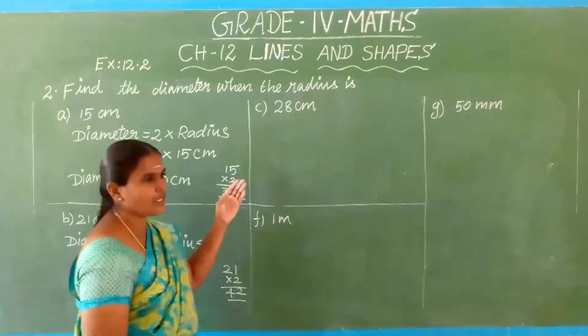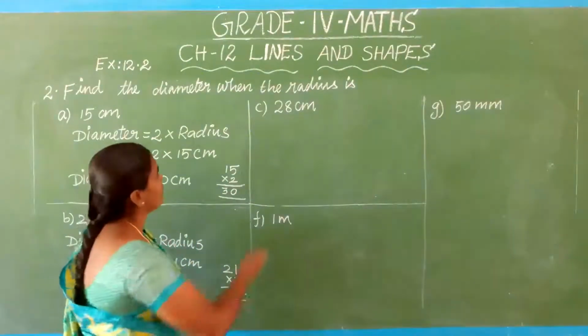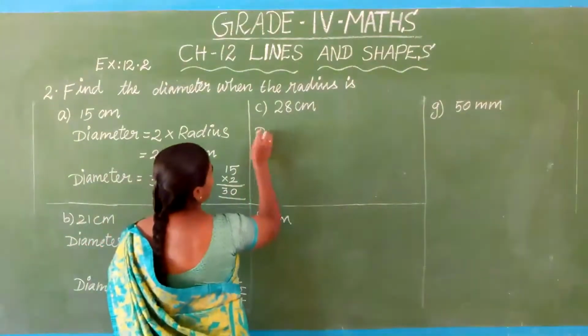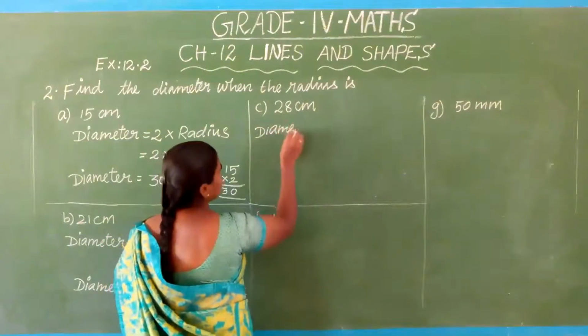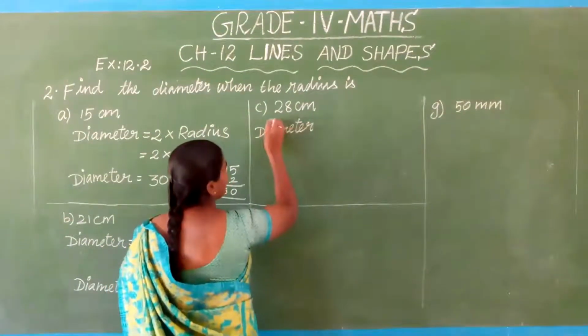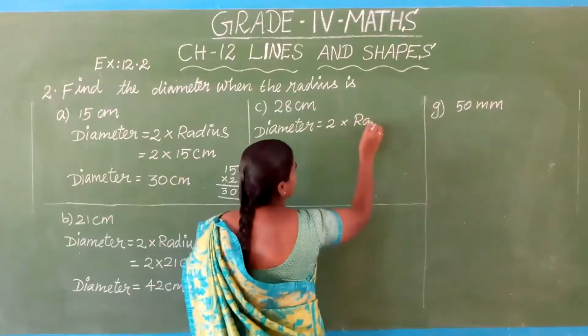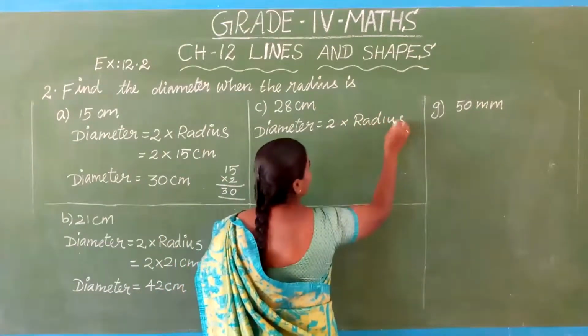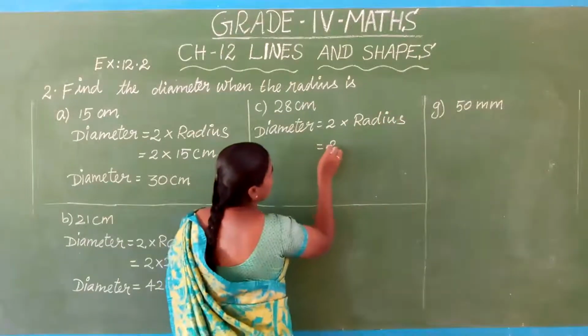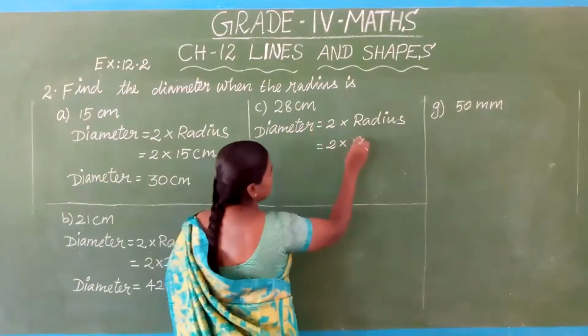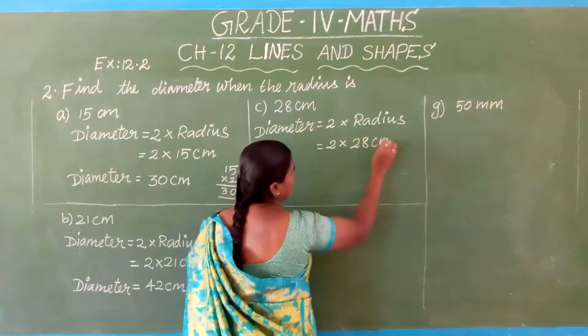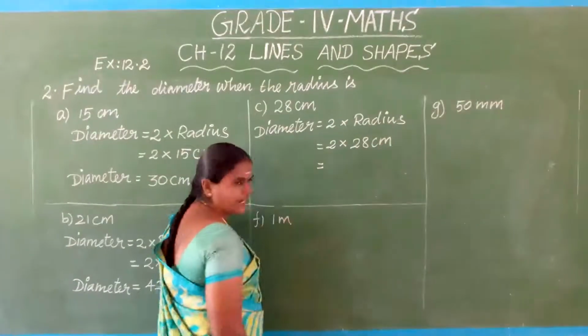Next, here it is given in centimeter, so you also write the answer in centimeter. Next is C question, 28 centimeter. Find the diameter. Diameter equal to 2 into radius. 2 into what is the radius? 28 centimeter.